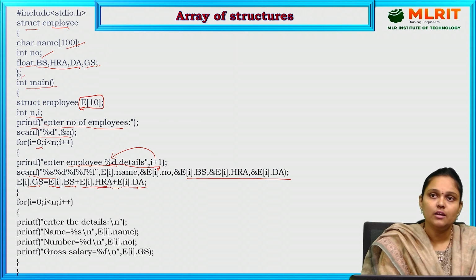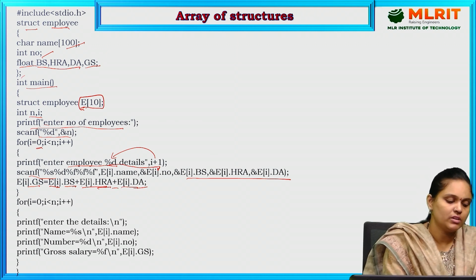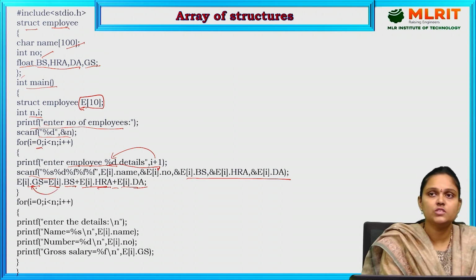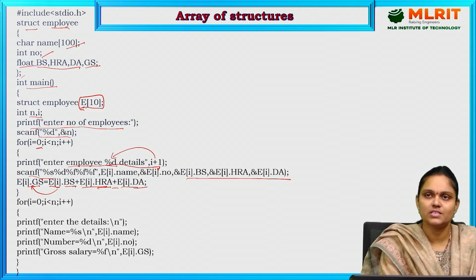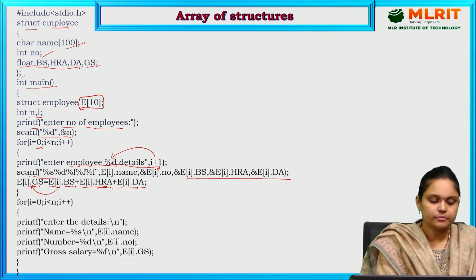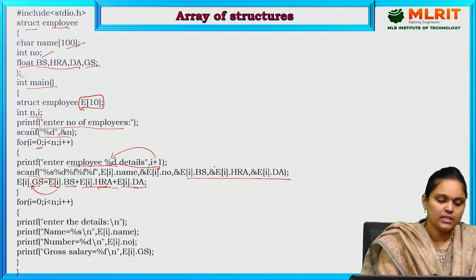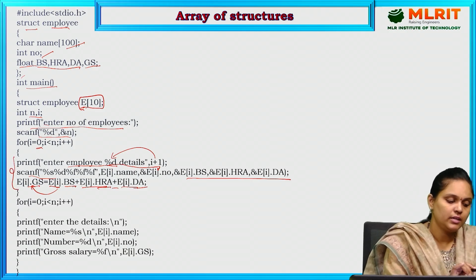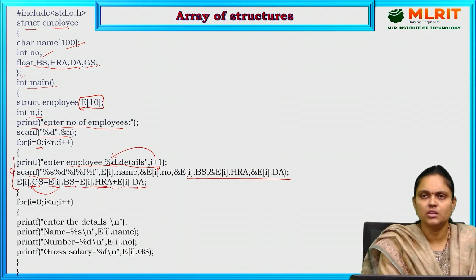The value we get is assigned to E of 0 dot GS, the gross salary, and it is stored in that memory allocation. We can read all the employee details and find the gross salary using these 3 lines of statements.